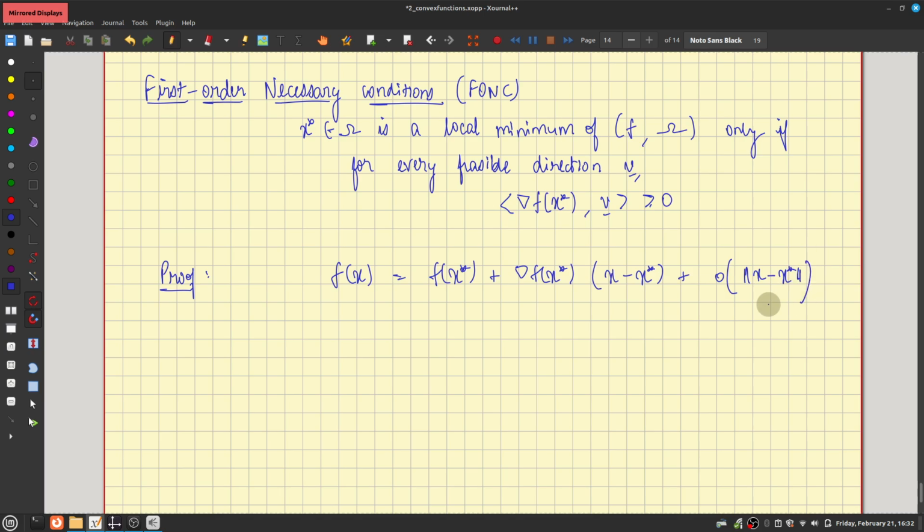Right, this holds true for every x. But now we are already given a particular direction, a feasible direction v. So we just want to check along every feasible direction v.